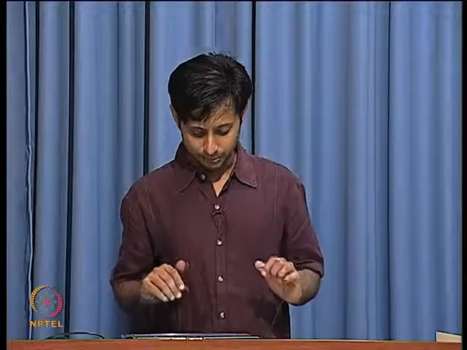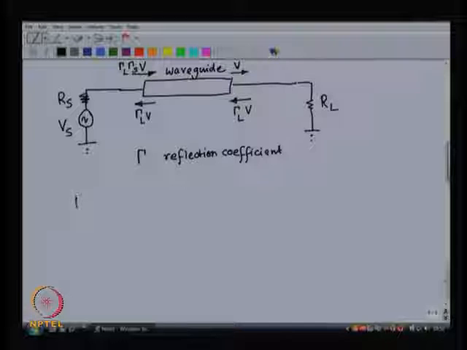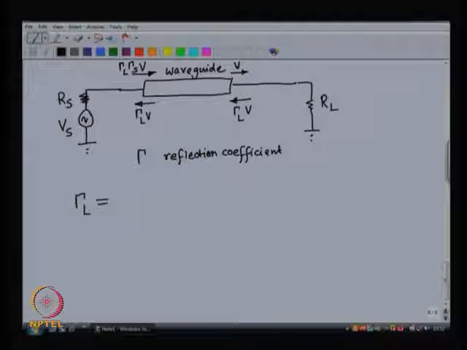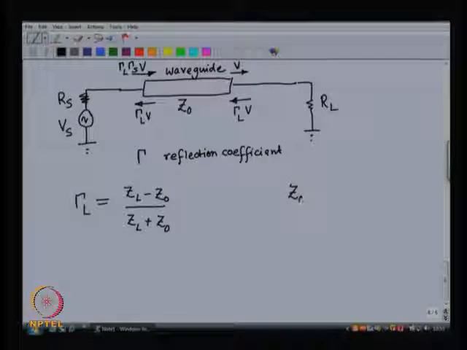Now in future, when we do the theory for all of this, we are going to find out that at the load, this reflection coefficient is, where ZL is basically RL in the case that I have drawn, and Z0 is the characteristic impedance of the waveguide in question.